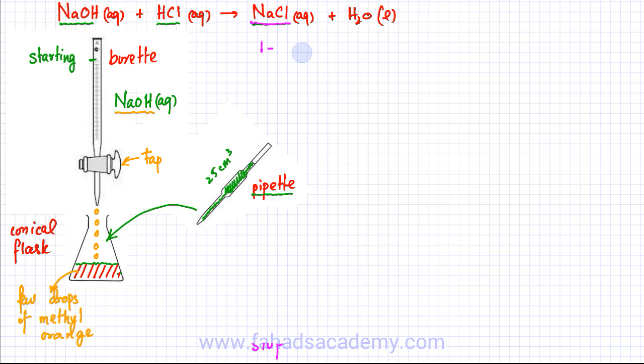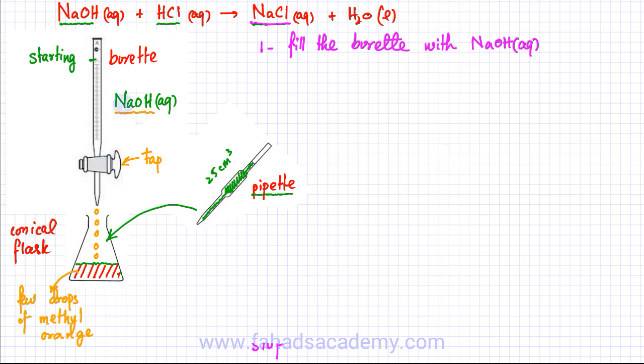Now, the first step you're going to describe is you're going to fill the burette with NaOH aqueous. Once you've done that, the second step would be you're going to fill the flask with the other reactant, which is HCl. And remember, it could be the other way around.